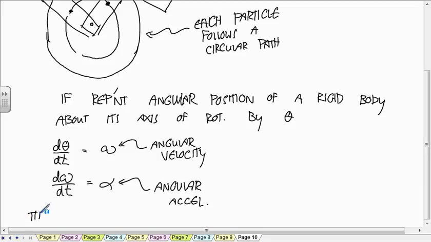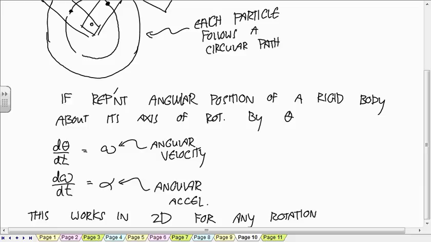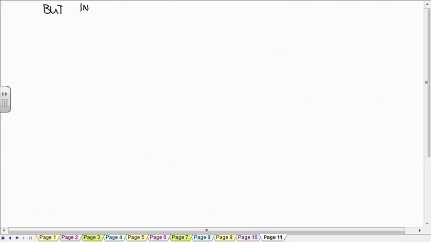This works in 2D for any rotation. So in 2D, you can use this idea of theta, omega, and alpha for any rotation. But in 3D, like I mentioned before, there's no such thing as a theta vector.